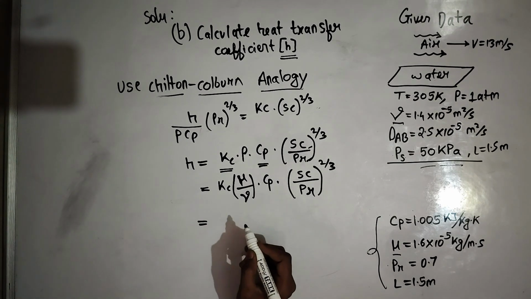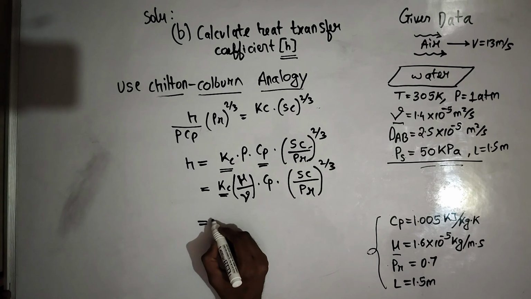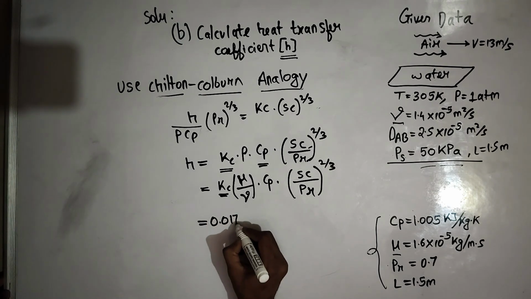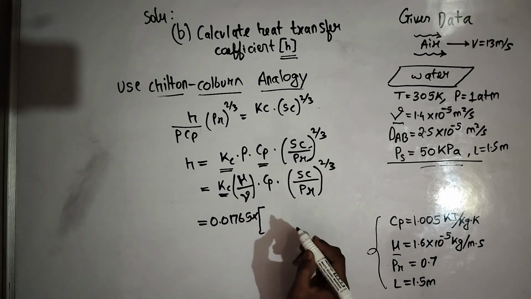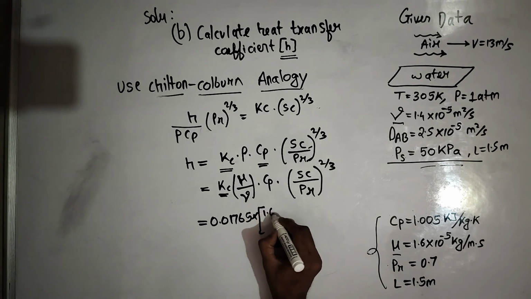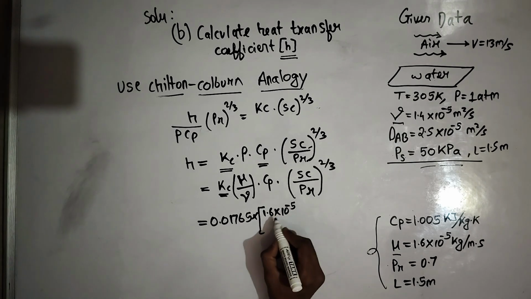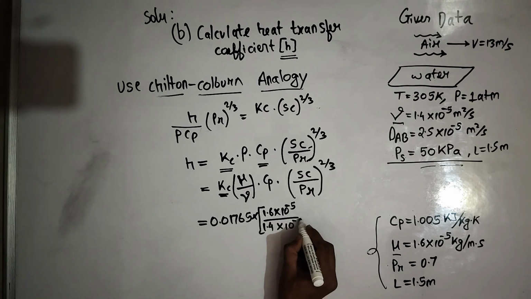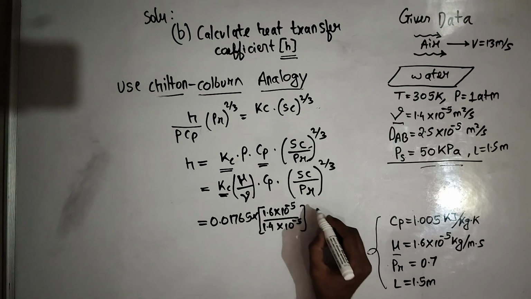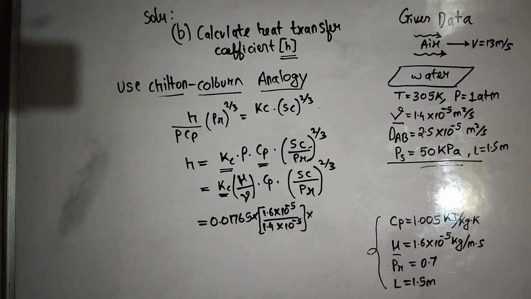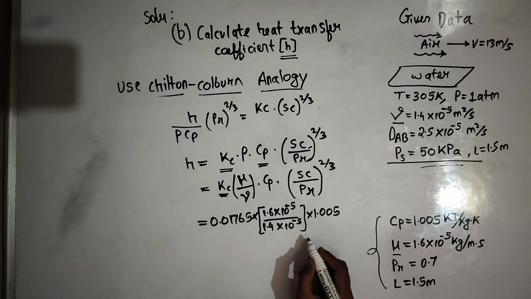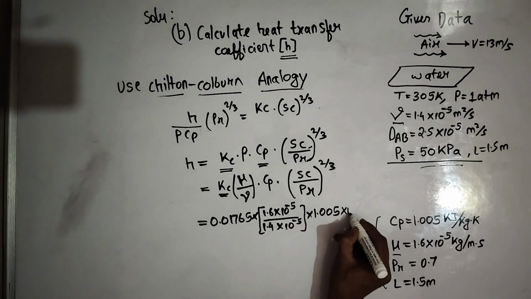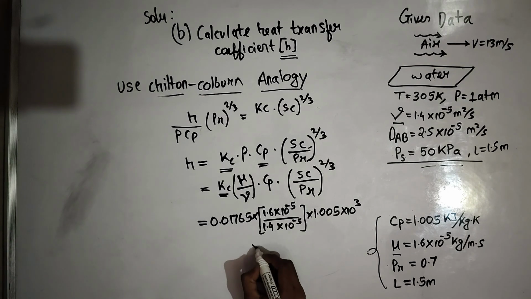So we have to substitute the values. From part A, we have calculated Kc as 0.01765 meter per second, into viscosity as 1.6 into 10 raised to power minus 5 upon kinematic viscosity 1.4 into 10 raised to power minus 5, and Cp we are given as 0.005 kilojoule per kg, so we'll also multiply by 10 raised to power 3.